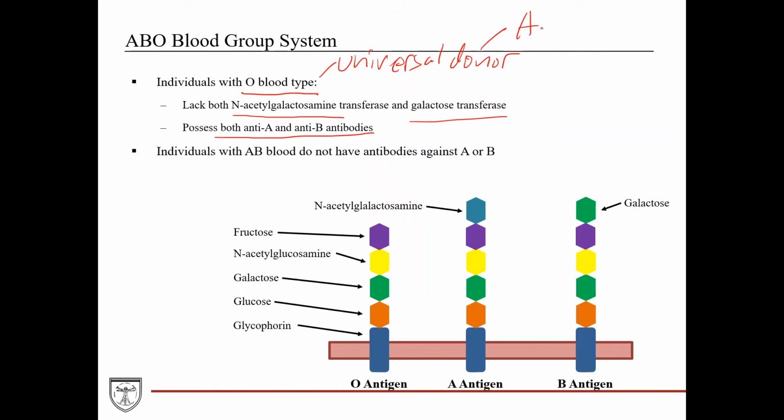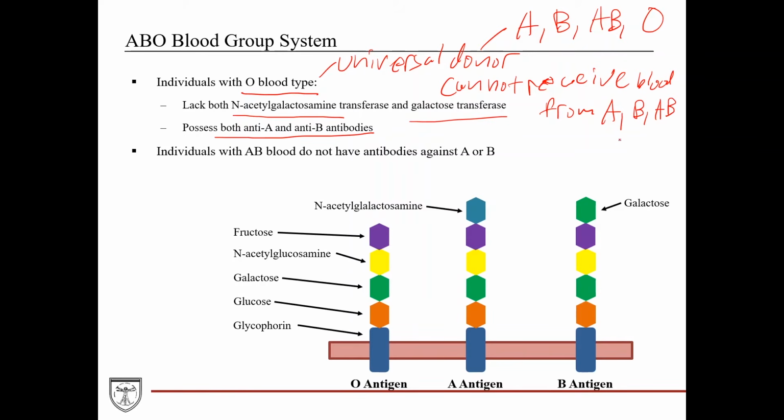They can give to A, B, AB, and of course to other people who are type O. They cannot receive blood from A, B, or AB, because they have antibodies to A and to B.